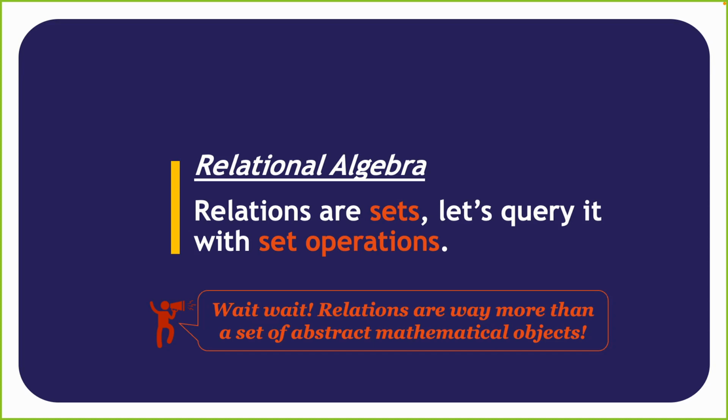Relation is more than sets, because relation is not a set of abstract mathematical objects. Look at all the information we put in a relation in the previous example. We put student information, we put professor information into that relation. It's not a set of abstract objects. It's way more than that. By only treating it as a set, you are actually constraining the power of what the system can actually do for you.